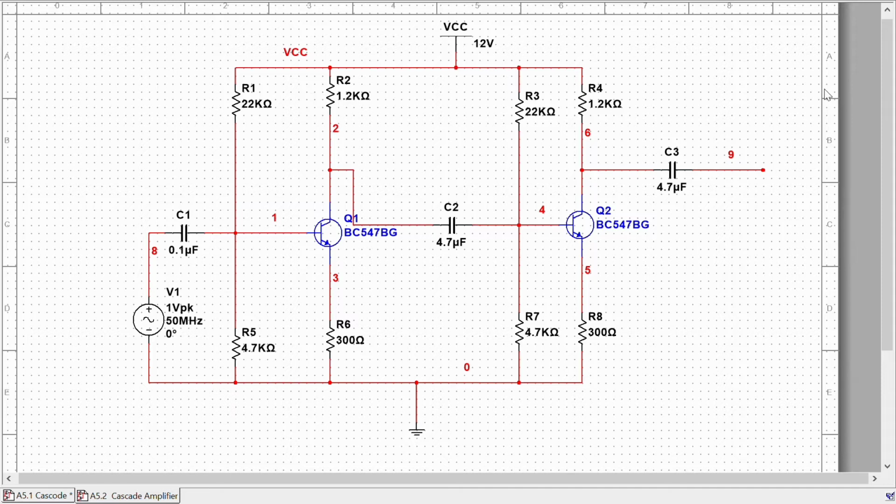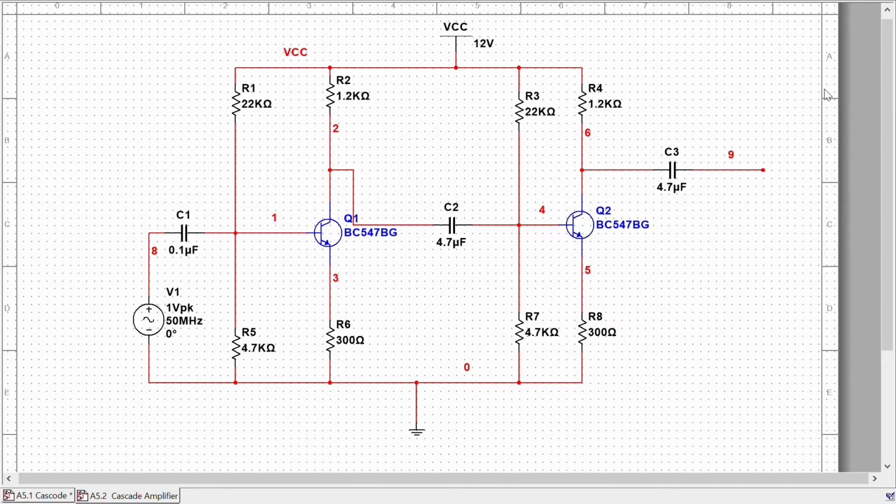Here there are two transistors connected through a capacitor. One is Q1, BC547BG, and another one is Q2. In between, C2 is connected, which is 4.7 microfarad. The collector of Q1 is connected with R2, which is 1.2 kilo ohm, and in parallel R1 is also connected, which is 22 kilo ohm.